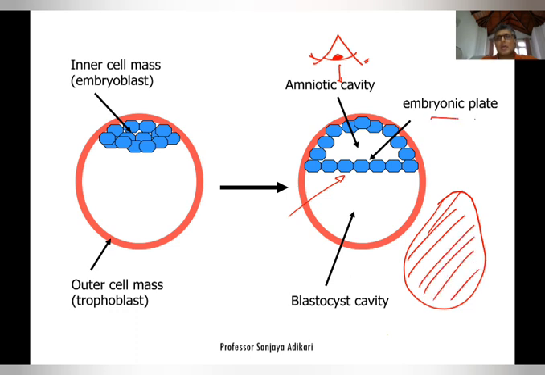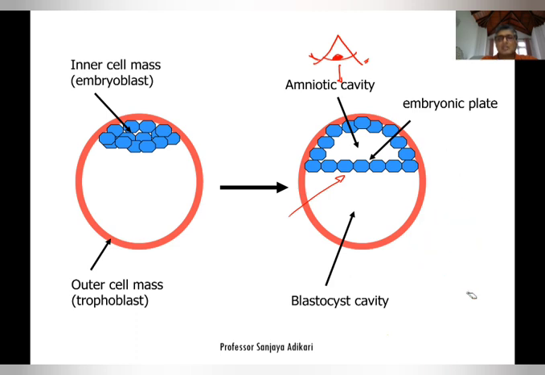That is called the embryonic plate, because this is the one that is going to give rise to the embryo in future. This is still within the first week of development. Then there is a cavity below that, which is called the blastocyst cavity.